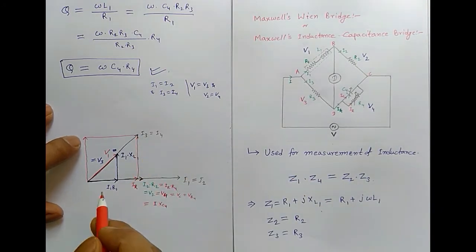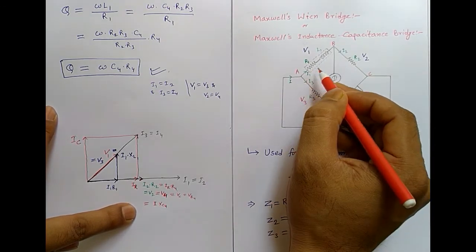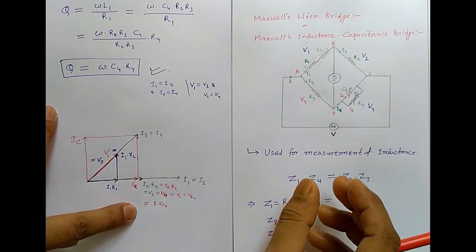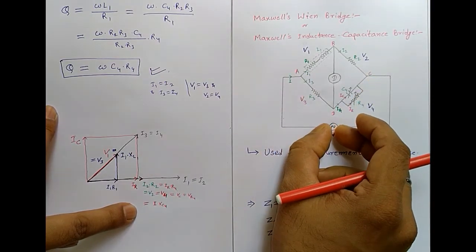So we know the voltage across V3, V4, V1 and V2. Then what will be the voltage across the whole circuit, that is V?